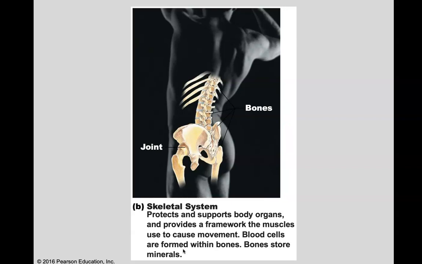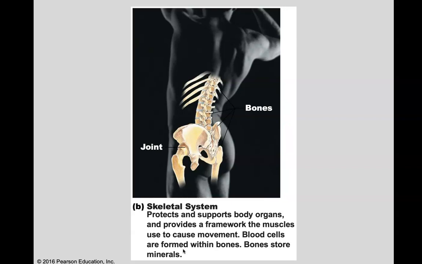If you didn't have a skeletal system and just had muscles, the muscles wouldn't have anything to move, because when your muscles contract, they pull two bones closer together or farther apart. So it's really important that we have those bones. Otherwise, muscle contraction wouldn't really get us anywhere.